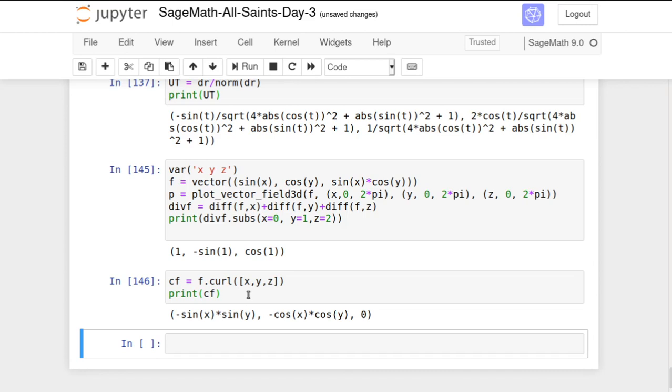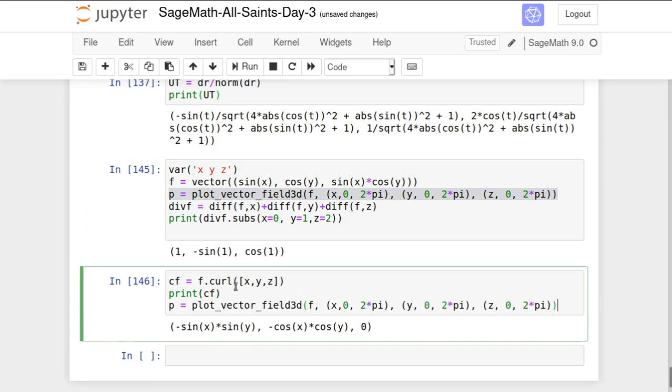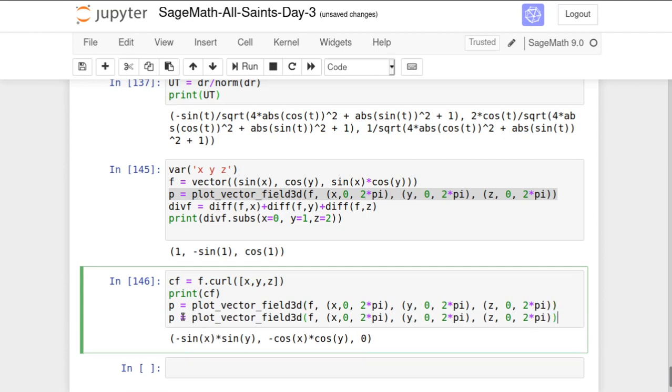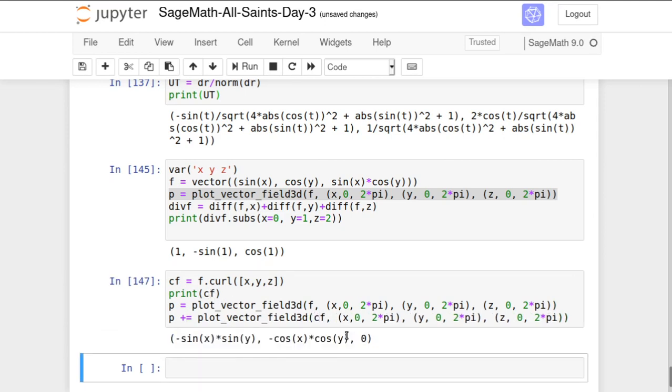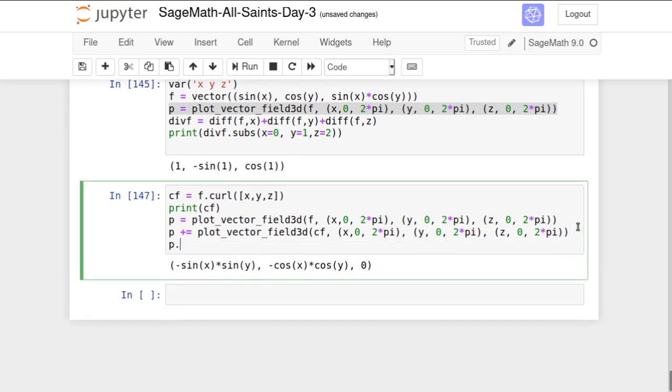That's it. Now, if I want to plot this, let me plot this function vector field, and together with that, let me plot CF also. So what do I get? Let me show that. P dot show.